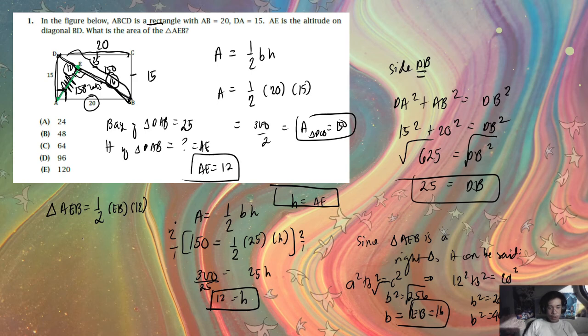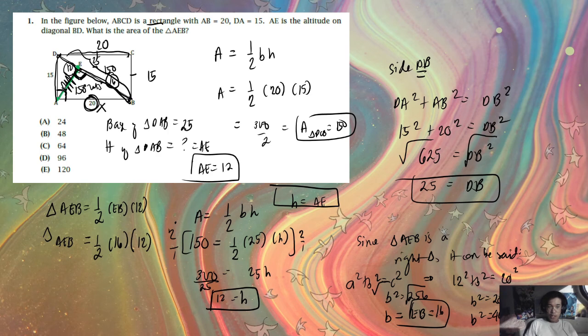Now that we know the base of the figure, we can solve for the area of triangle AEB. That's 1/2 of 16, the base, times the height, which is 12. Again, that's a right triangle, and your base is not 20 because that's the hypotenuse.